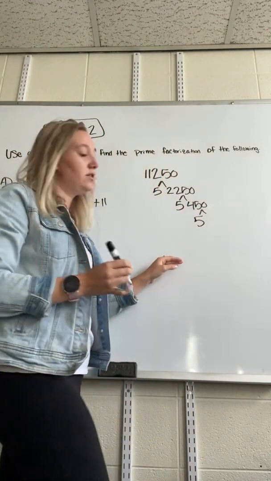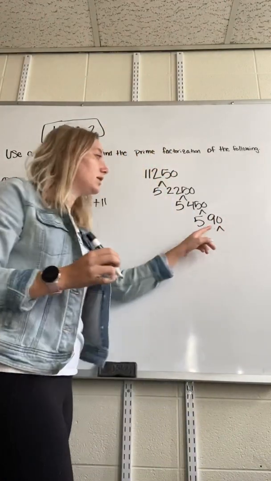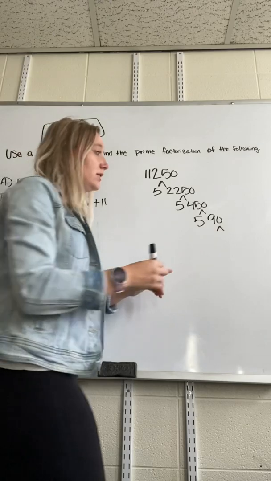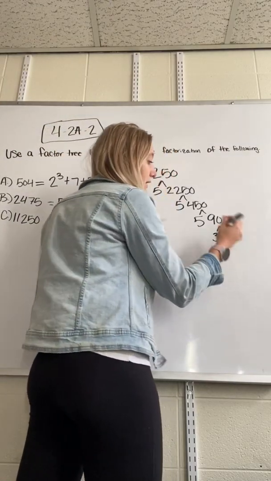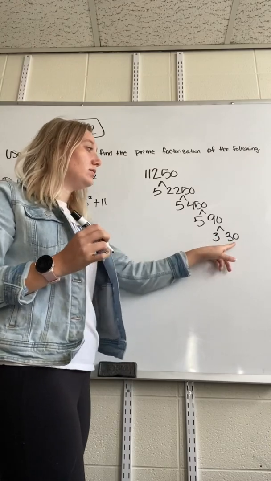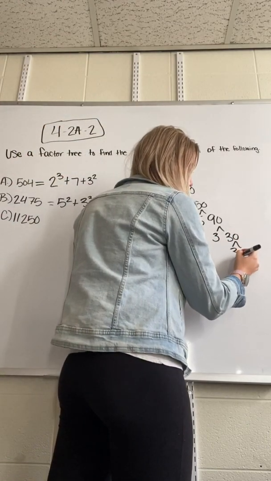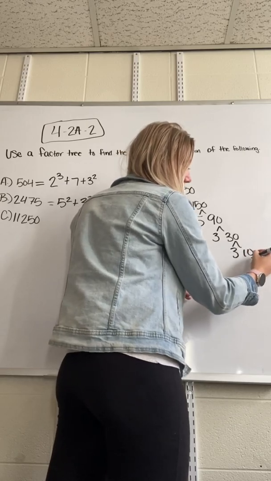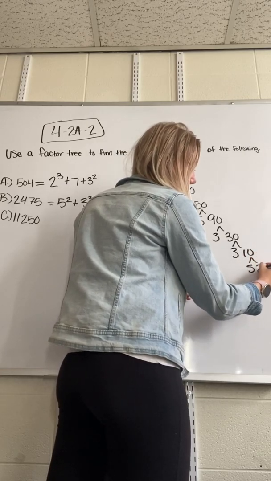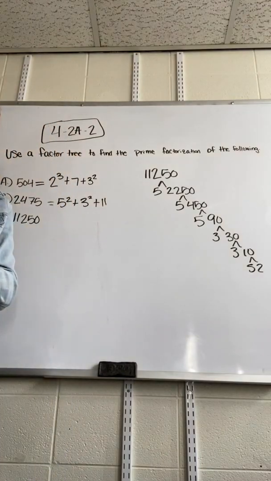And then that turns into 90. And I know 3 goes into 9, so 3 can go into 90 30 times. And 3 can go into 30 for sure, by 3 and 10, and 5 and 2. Work out. So there's that.